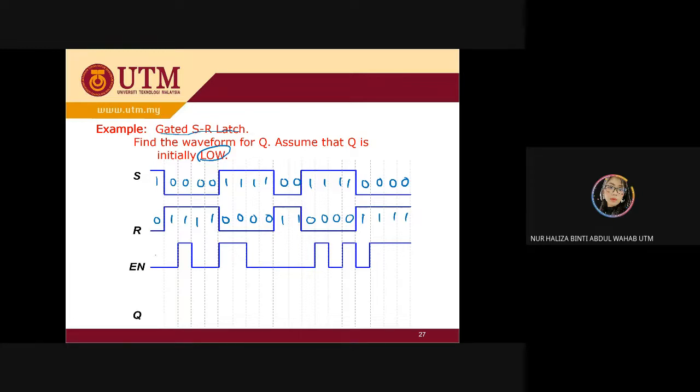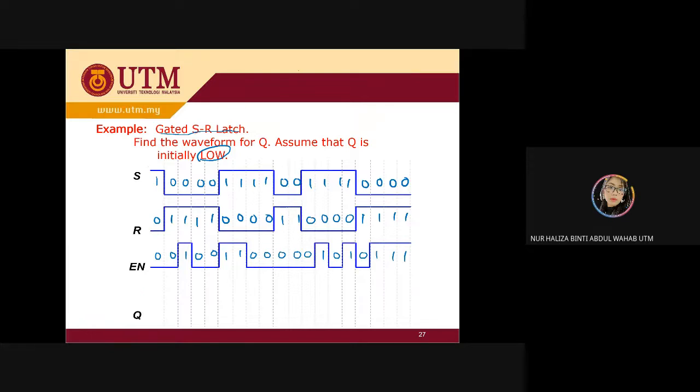And lastly, for my EN, enable input. Okay, let's see what is my output.